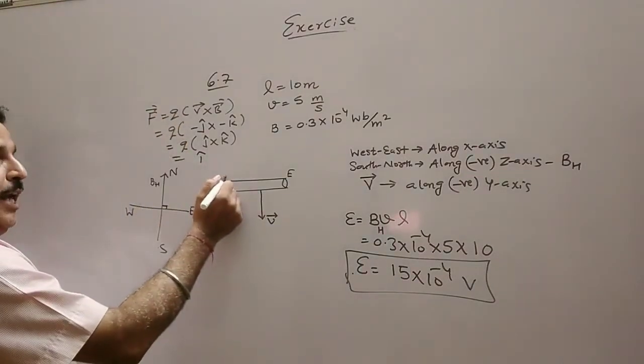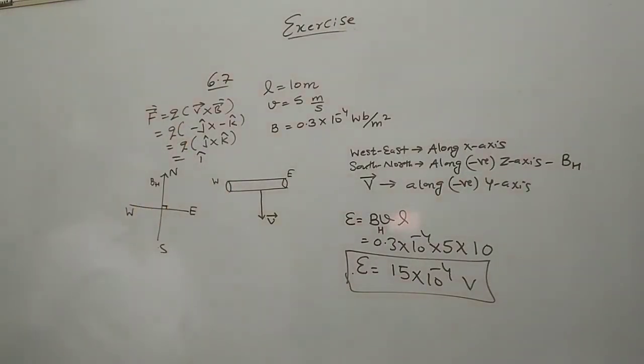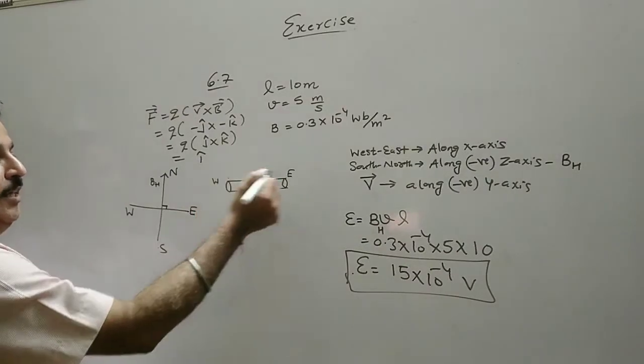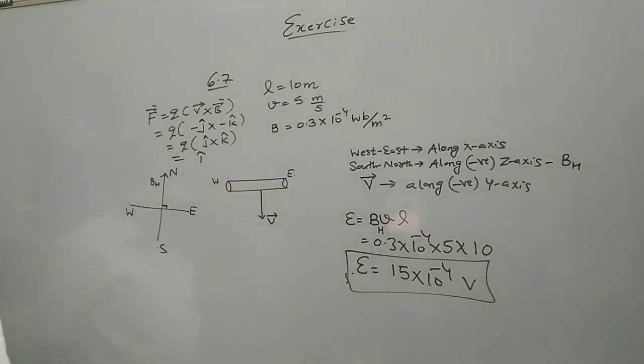So all electrons will accumulate at the west end. So the east end will become positive.